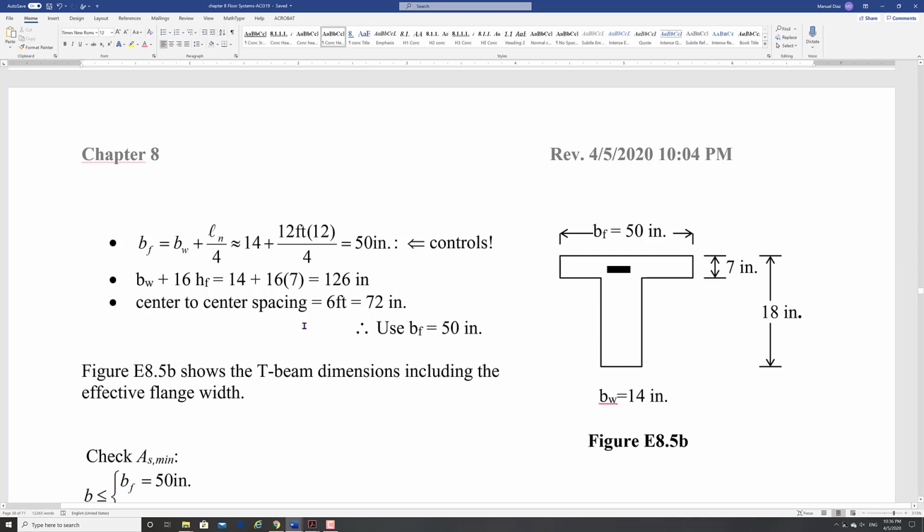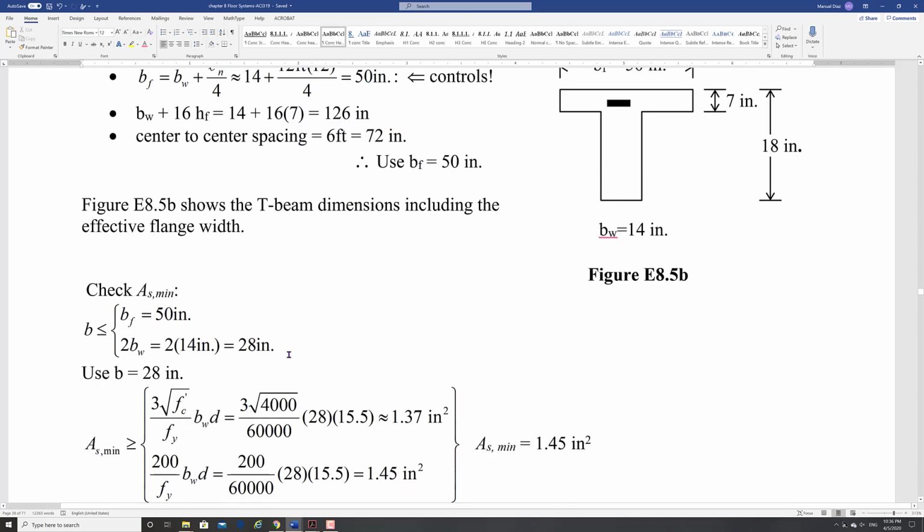Now I can check my minimum, because my minimum is the same equation, but your b_w value is replaced by the smaller of these two. One is b_f, which in this case is 50, or 2 times the web width, which is 2 times 14, 28.